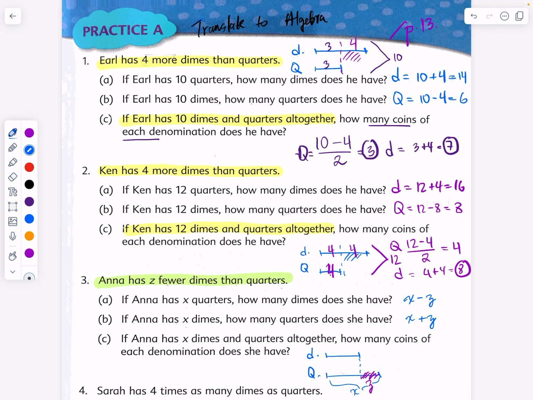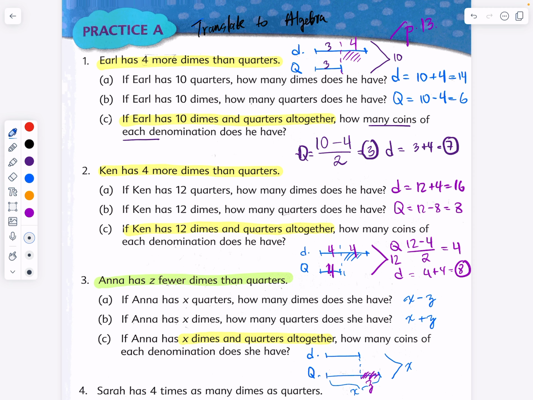If Anna has X dimes and quarters all together, just like we've seen in problem 1 and 2 about Ken and Earl, how many coins of each denomination does she have?